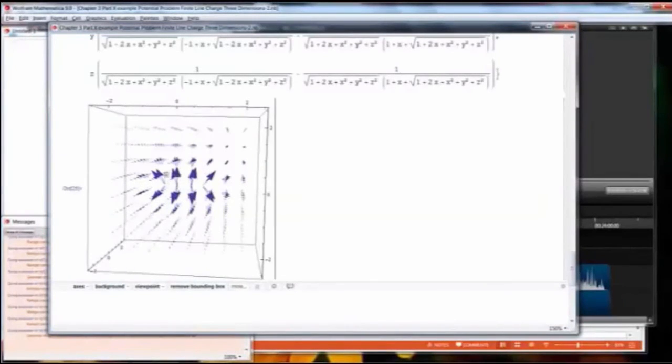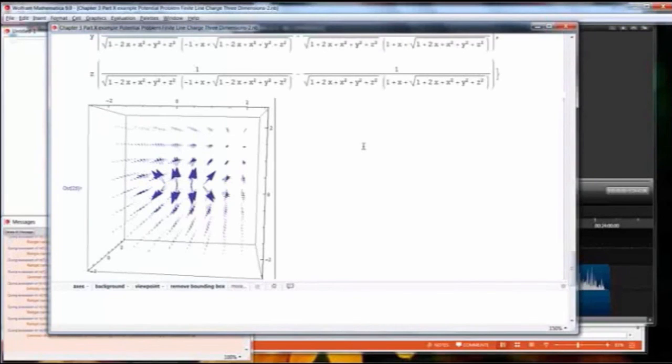So that's why they have this curvature. We found, then, in x, y, z, the 3 dimensions, the potential around this finite line charge, and we found the electric field by taking the gradient of that potential. Basically, that's the procedure that you have for trying to find a description of what happens around a charge distribution.